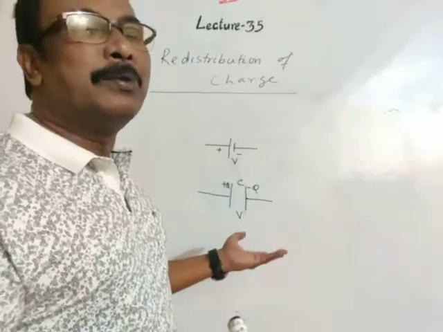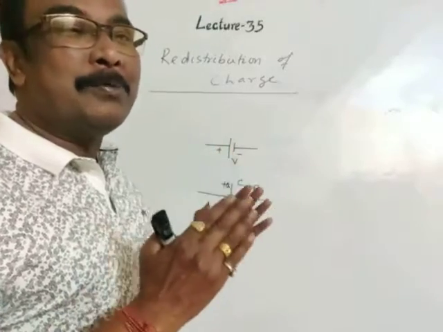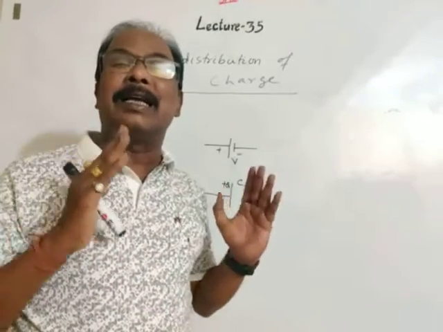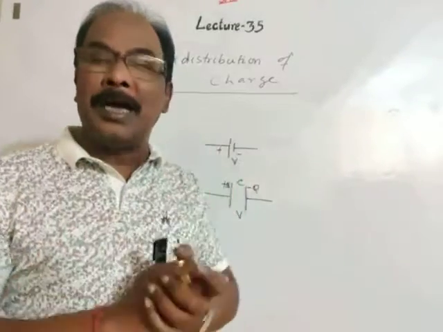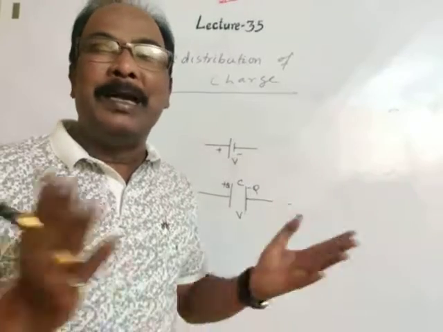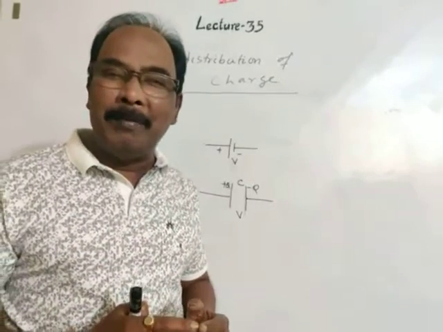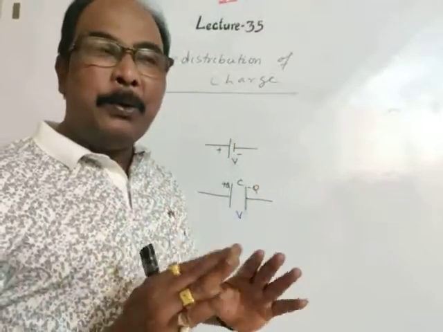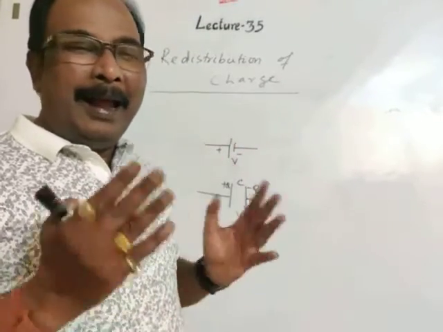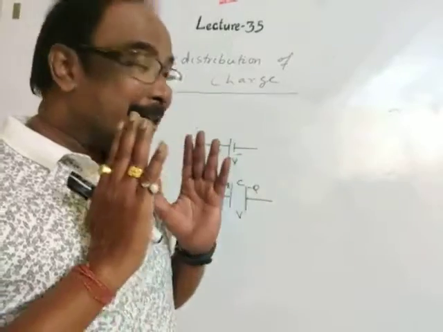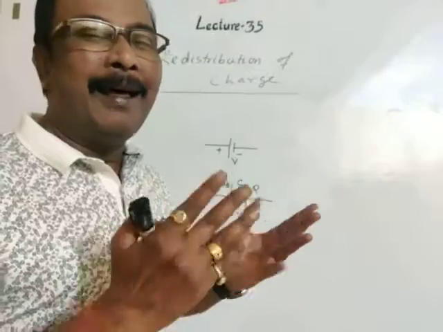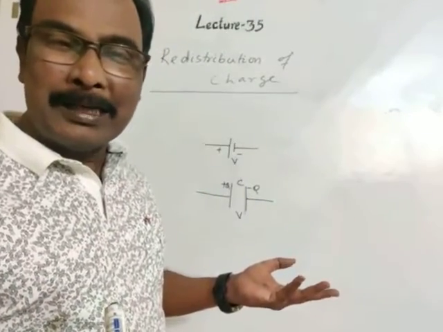When charges move in a given direction, we say current. Current is the rate of flow of charge, the amount of charge flowing per unit time. We'll discuss it in brief in current electricity. So the battery contains energy which helps the flow of charge from high potential to low potential, as we have taken in our convention.